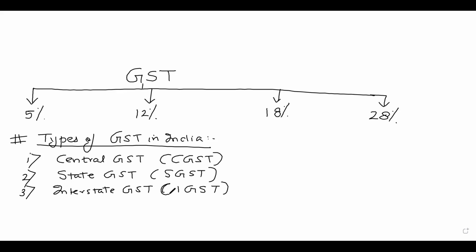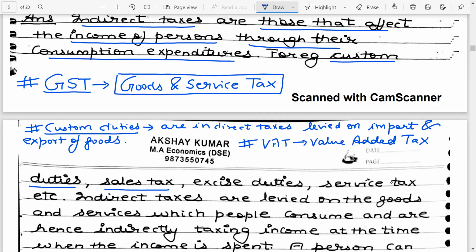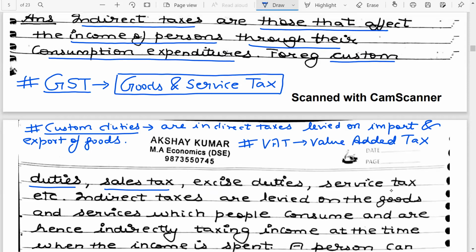Okay, but we'll be discussing much more on this topic in our lectures on Indian economy. But now let me keep it till here and let me come back to the lecture note. So let's come to indirect taxes once again. If I quickly revise with all students, indirect taxes are those taxes which affect the income of the persons indirectly by taxing their consumption expenditure.